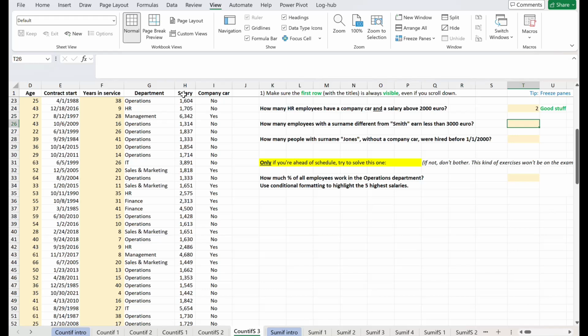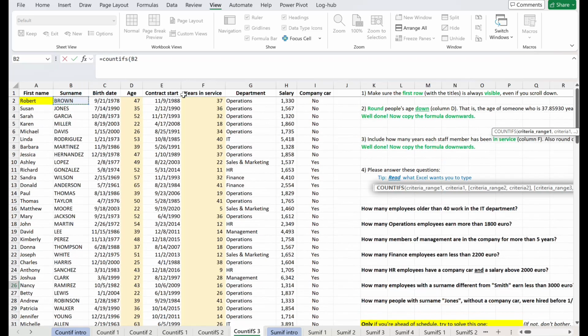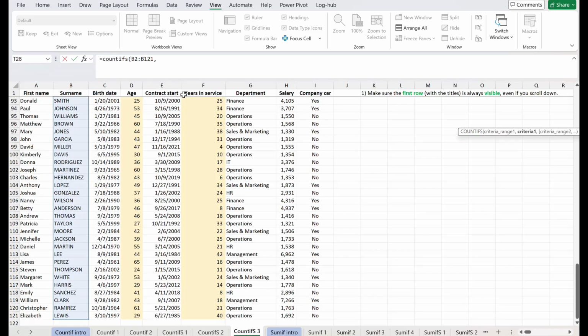So how many people with a surname different than Smith earn less than 3,000 euros? Countifs. So the surname cannot be Smith. There you go.